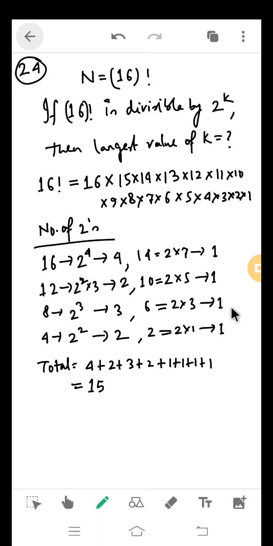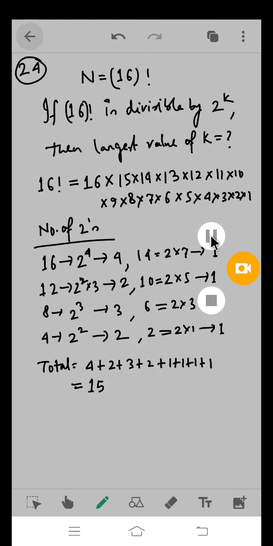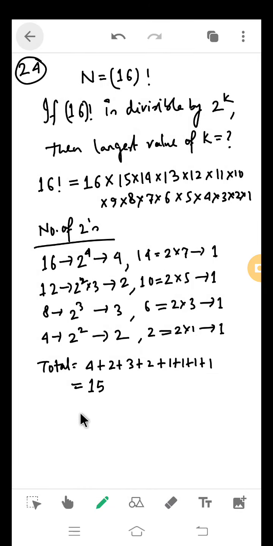So 15 2s are there. So therefore, in this case, your answer will be what? The largest value of k, obviously 15. Is it?